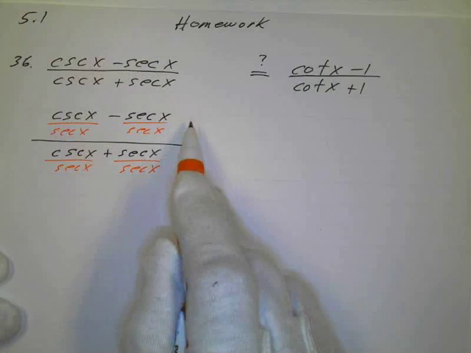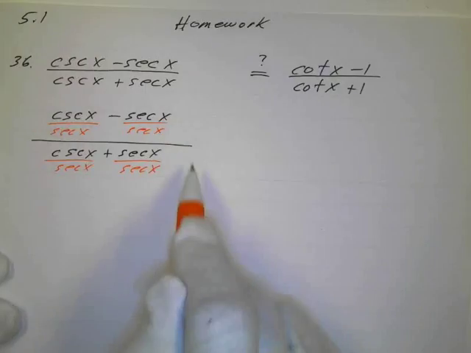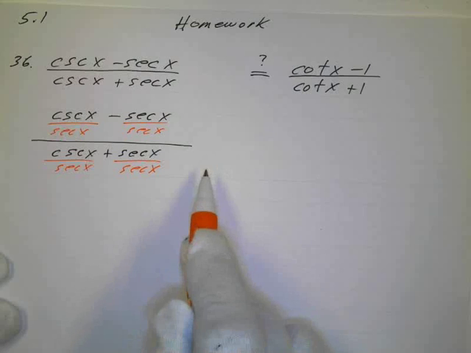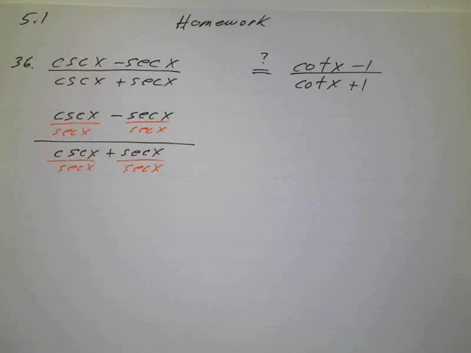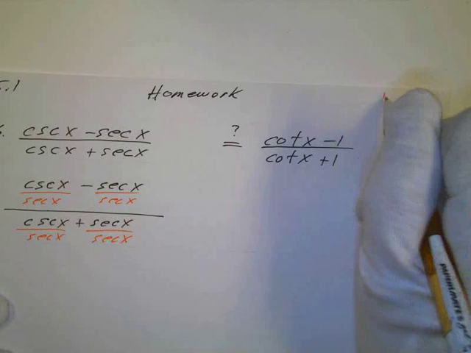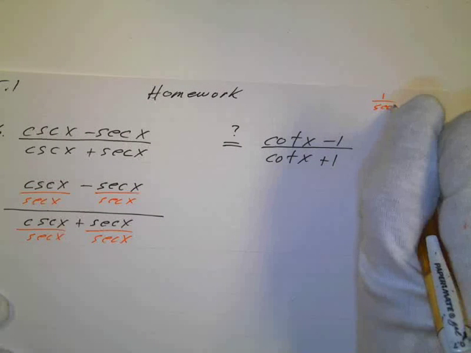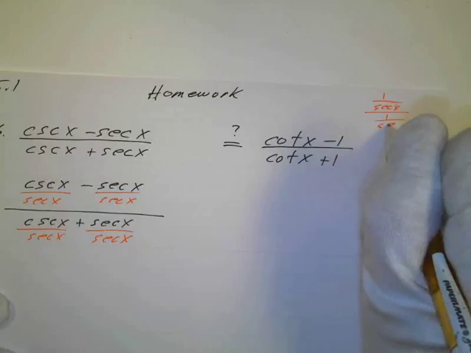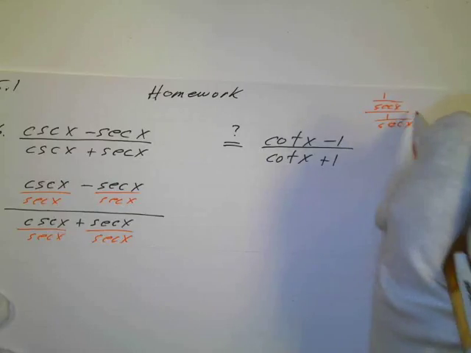Now that's like multiplying the top and the bottom by 1 over the secant of x. And 1 over the secant of x all over 1 over the secant of x is 1. So it's pretty much like doing that. I'll do it over here. 1 over the secant of x all over 1 over the secant of x.